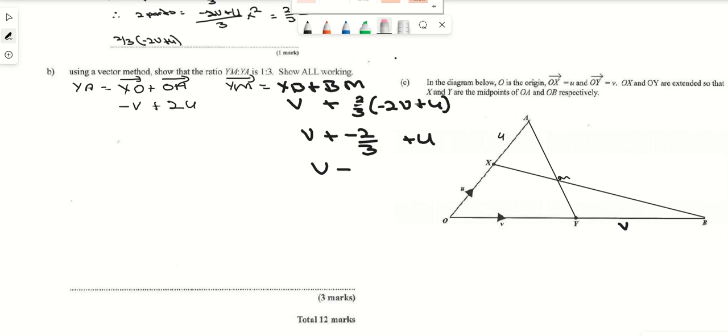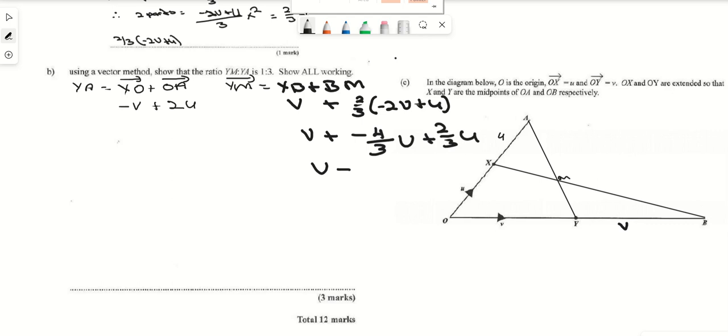So 2/3 by minus 2V would give you minus 4/3V, and 2/3 by U would give you plus 2/3U.